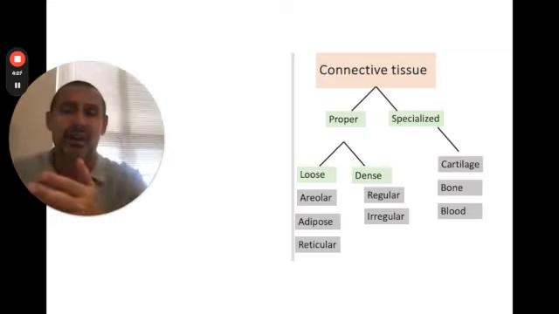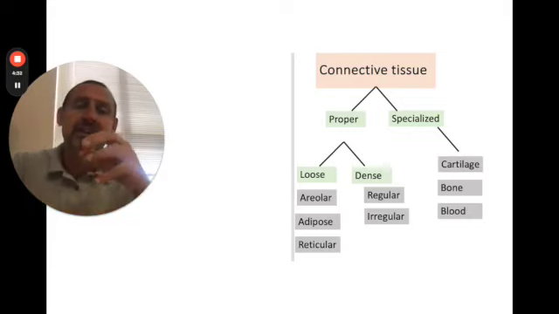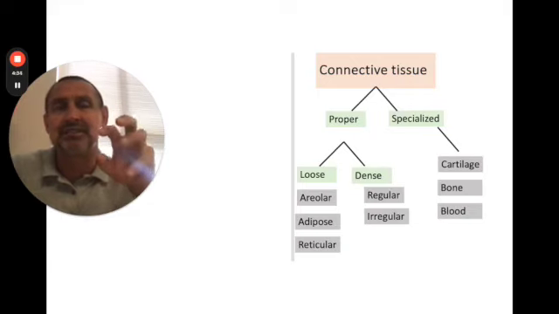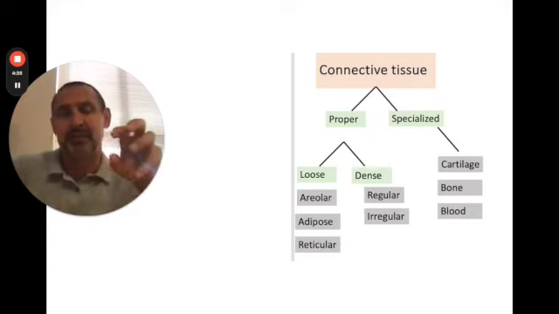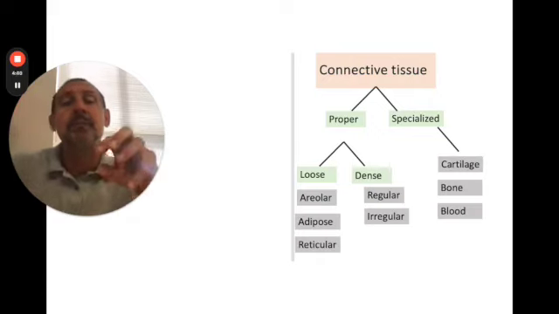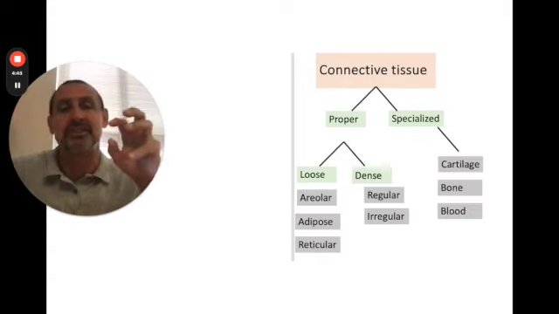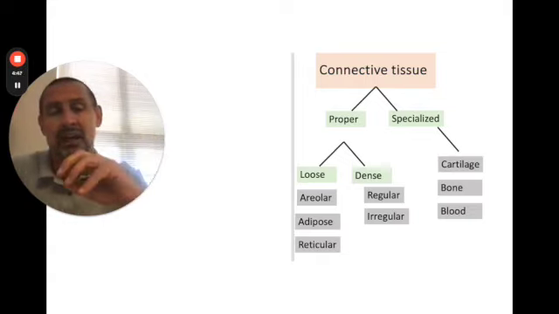On the proper side, you're going to have loose connective tissue or dense. Connective tissue consists of cells that are not touching one another, typically. In between those cells is something called a matrix. If that matrix is dense, it's in the dense category. If that matrix is loose, it's in the loose category.